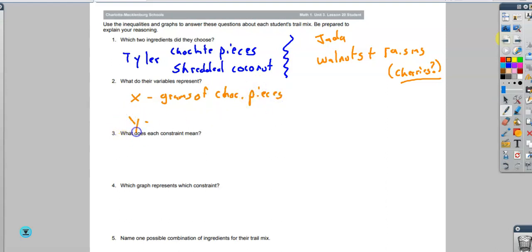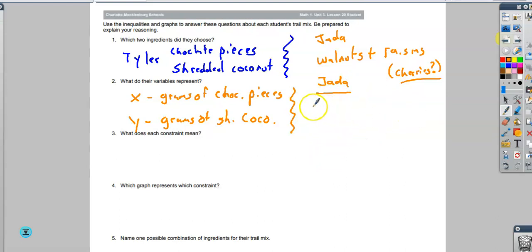And the y, which was what he multiplied that 6.67 times and everything, that's going to be the grams of shredded coconut. So we'll abbreviate. So try that for Jada. Do that same thing for Jada with her variables. Pause if you need to and try to write that.